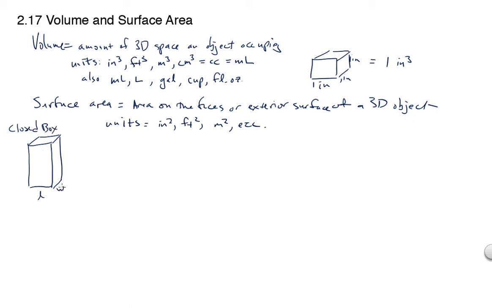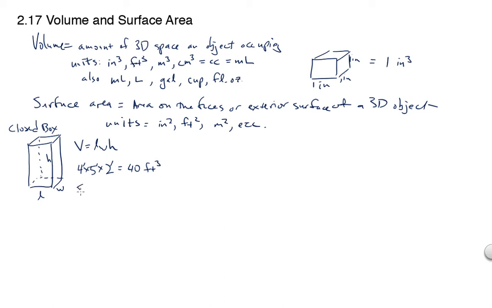The volume of this is just going to, as you'd expect, be length times width times height. So if it was 4 feet by 5 feet by 2 feet, well, that'd be 20 times 2, which is 40 cubic feet.